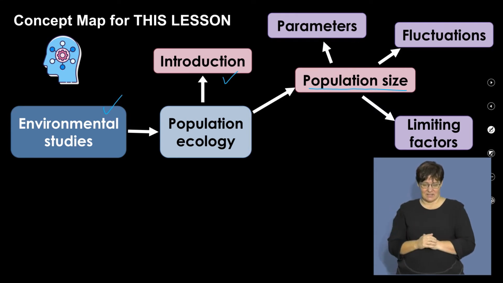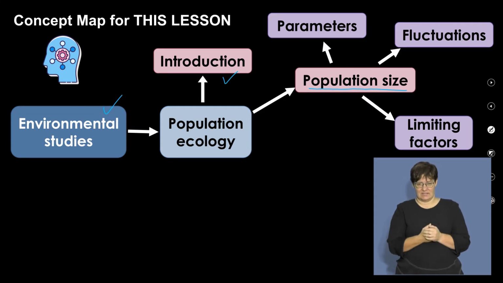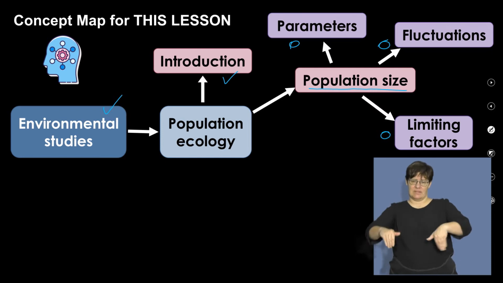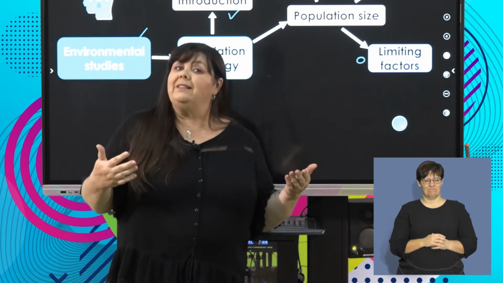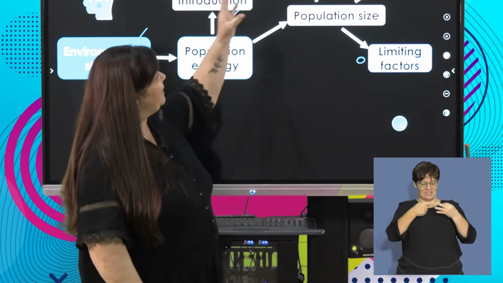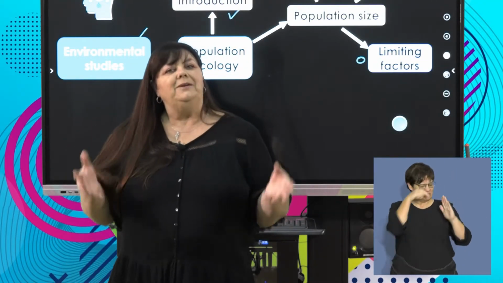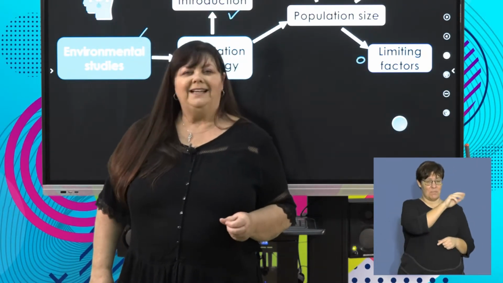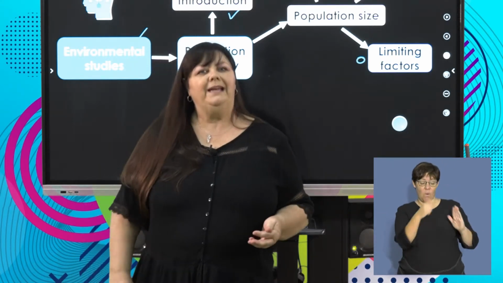We're going to be looking at three important aspects: parameters, fluctuations, and limiting factors. And I'm not going to explain them right now because that's what this entire lesson is about. So as we get to each one of those points, we'll unpack it, make you quite comfortable so that you know the difference between a parameter and a fluctuation. We're going to be building your vocab as we go.